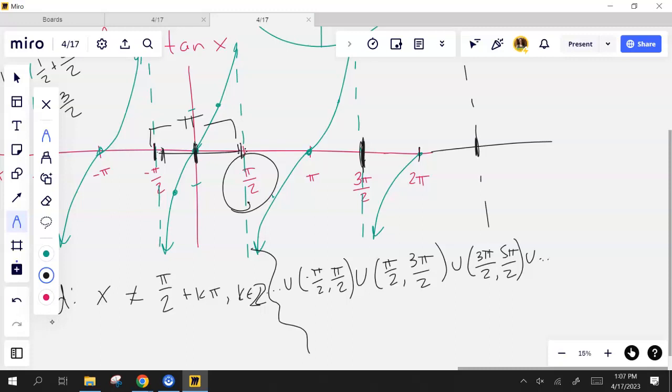It's just offsetting them: instead of k pi, it's pi over 2 plus k pi. They're still pi apart, but they're offset. They're not an even number apart, if that makes sense. And you can always do that. You can do starting point plus how far apart they all are.